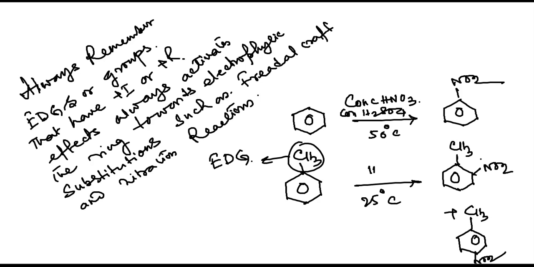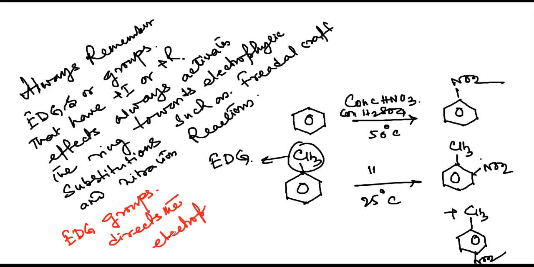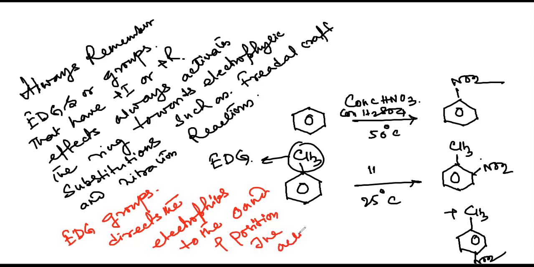So you should remember this one. Electron donating groups direct the electrophiles to the ortho and para positions because they activate the ring.